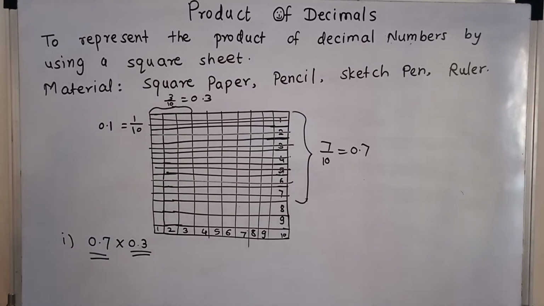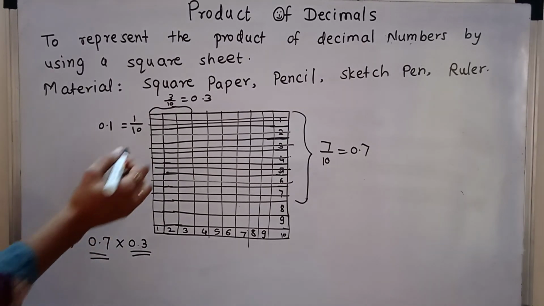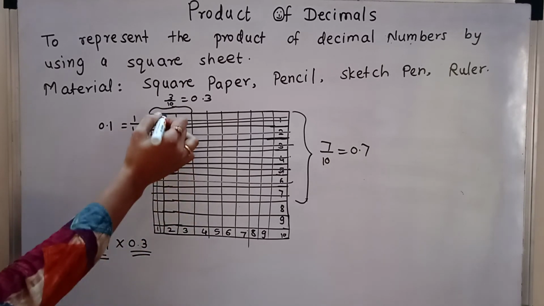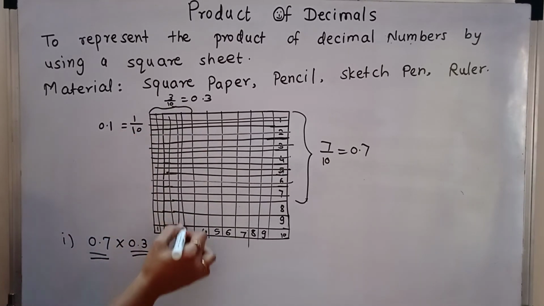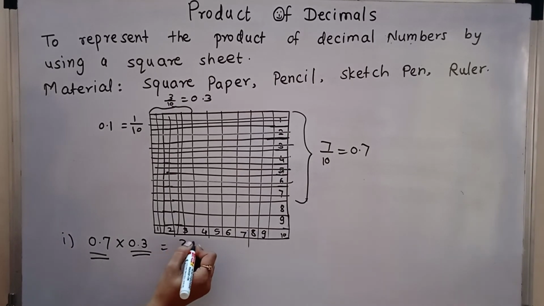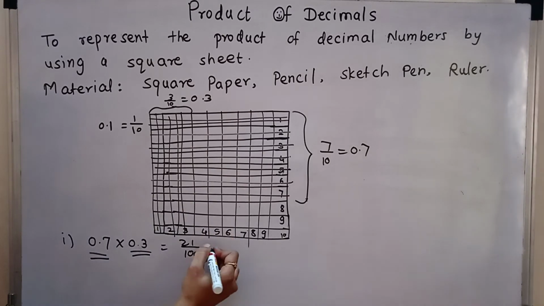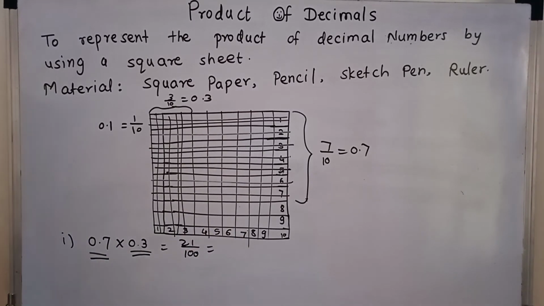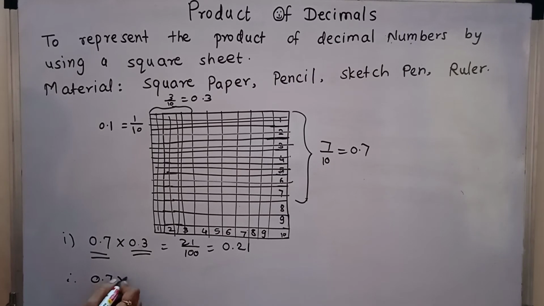Just count the common shaded area. This is 1, 2, 3, 4, 5, 6, 7, 8, 9, 10, 11, 12, 13, 14, 15, 16, 17, 18, 19, 20, 21. So this is the shaded area.